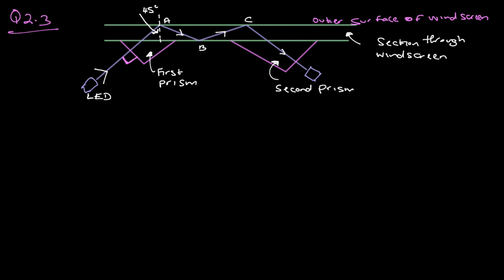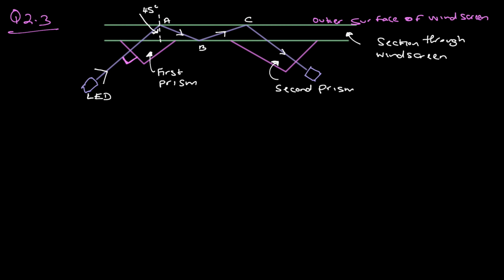Question 2.3. The refractive index of the windscreen glass is 1.52. Explain why the ray follows the path shown inside the windscreen glass in the figure. Support your answer with a suitable calculation. So what's happening here is that there is total internal reflection.